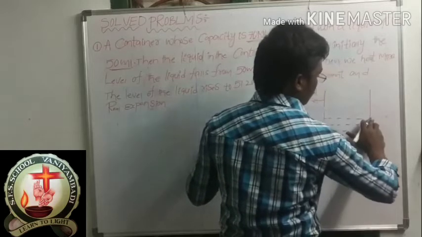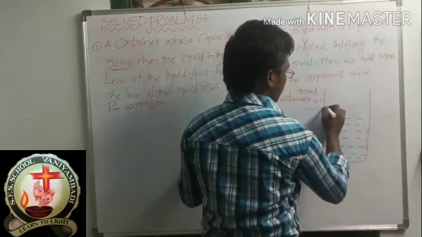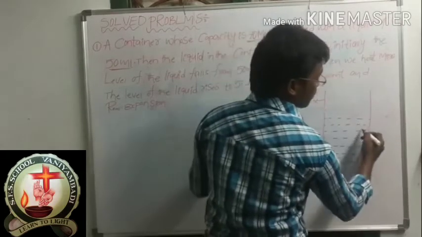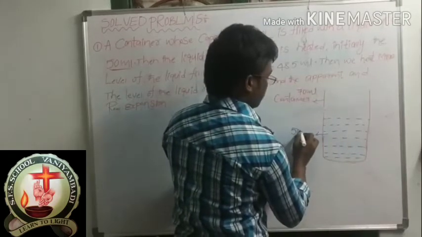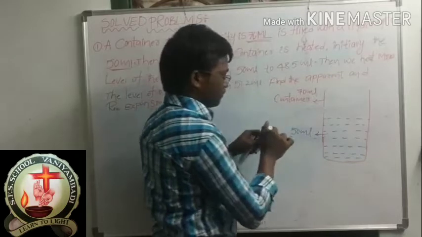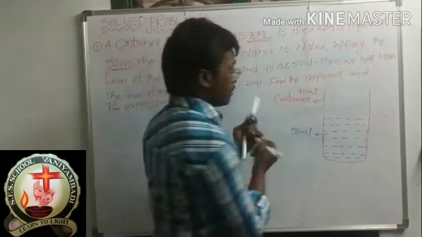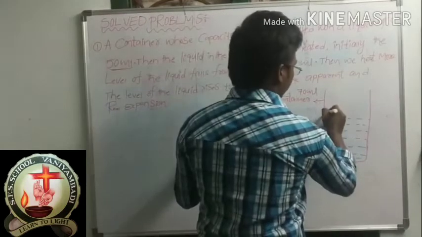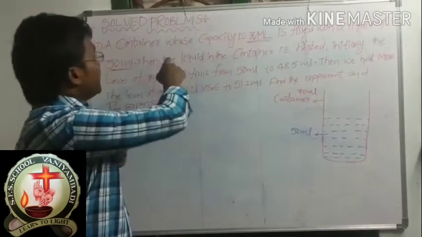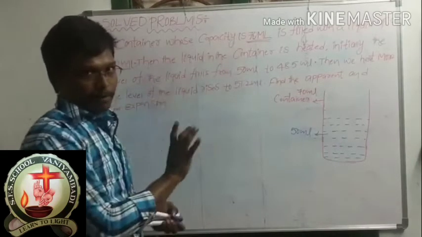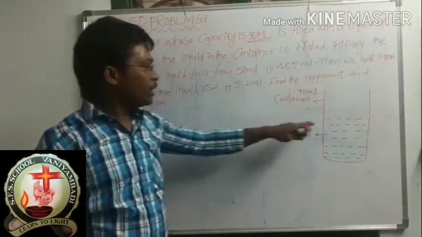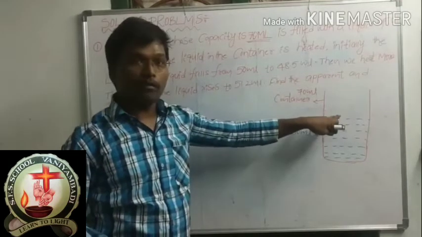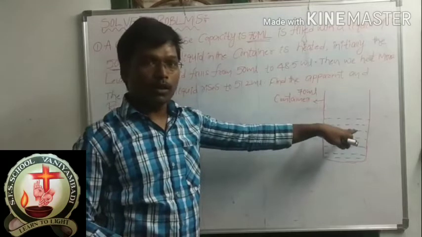So, this is how much? 50 ml. A container whose capacity is 70 ml is filled with a liquid up to 50 ml. Only 50 ml of liquid we poured into the container.